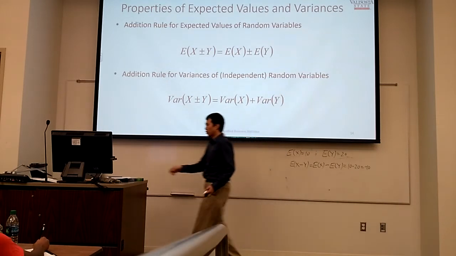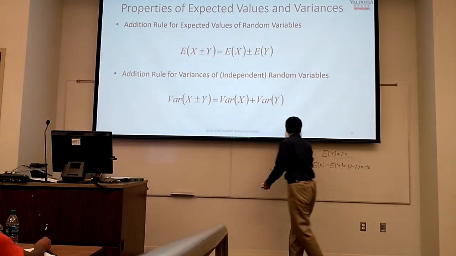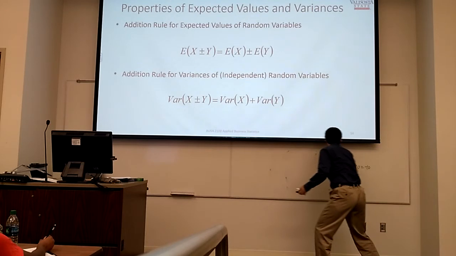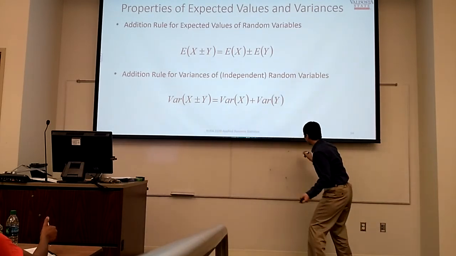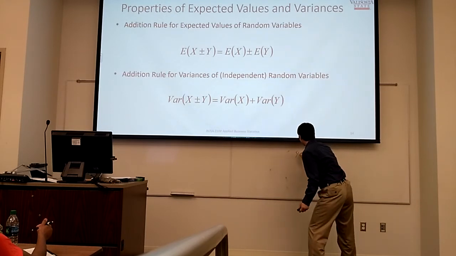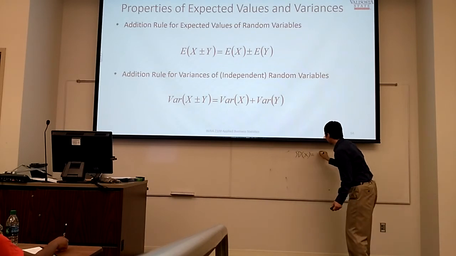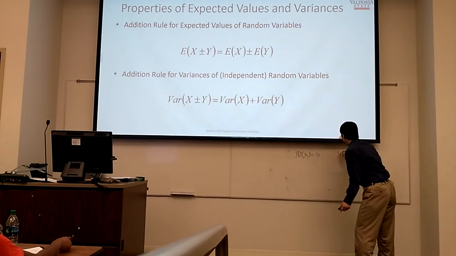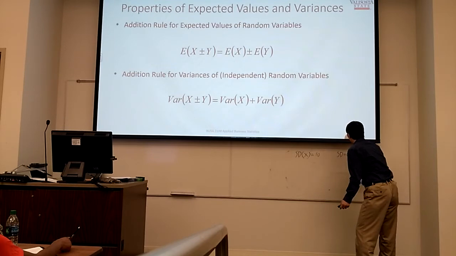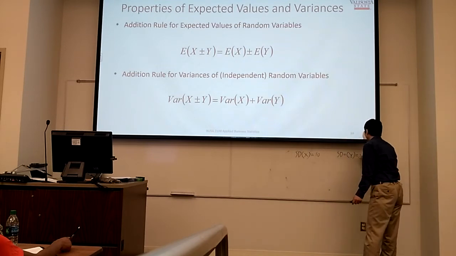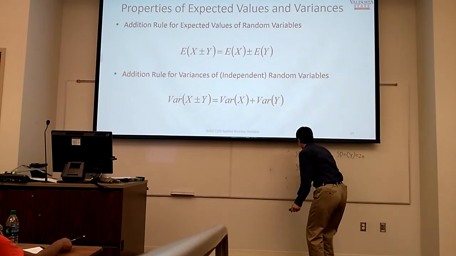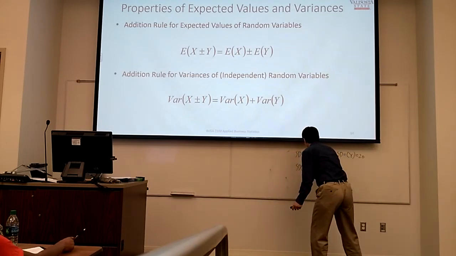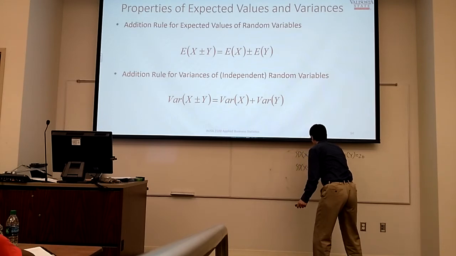So let me ask you a question. We have those properties. What if I have this information? The standard deviation of x is equal to 10, and the standard deviation of y is equal to 20. I want to calculate the standard deviation of x plus y.